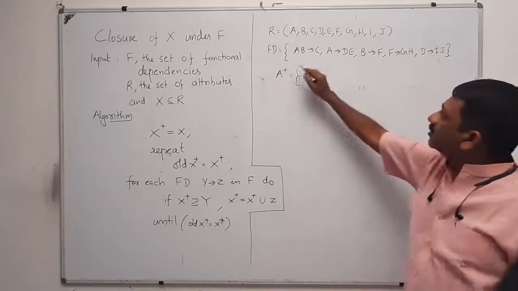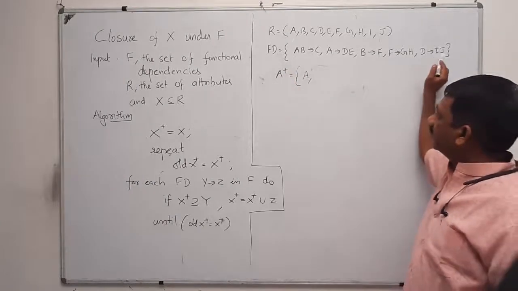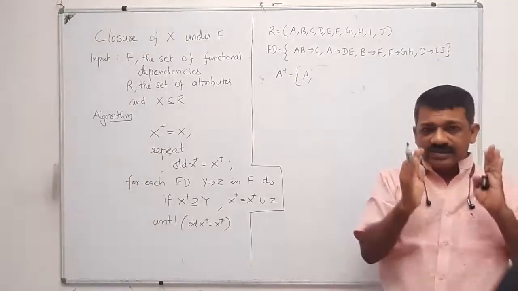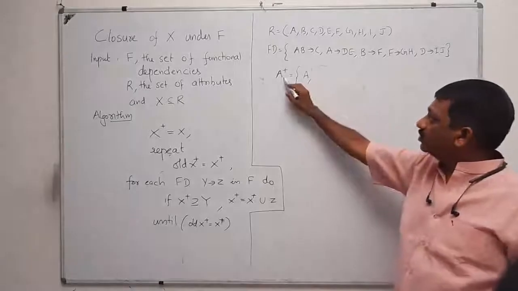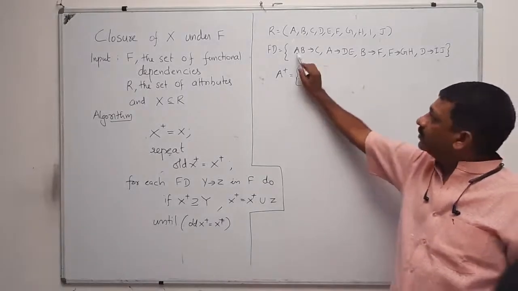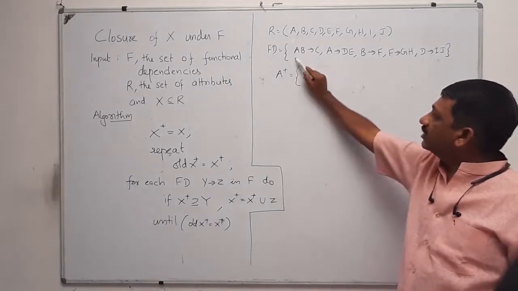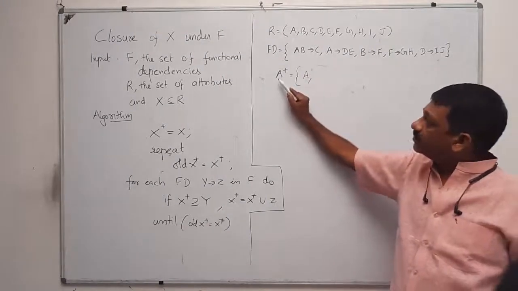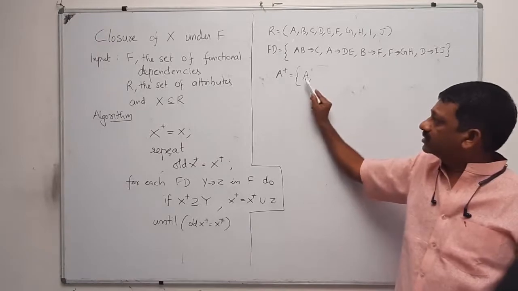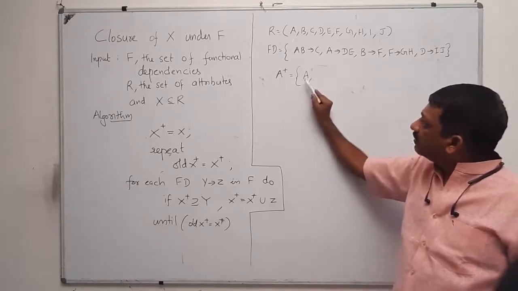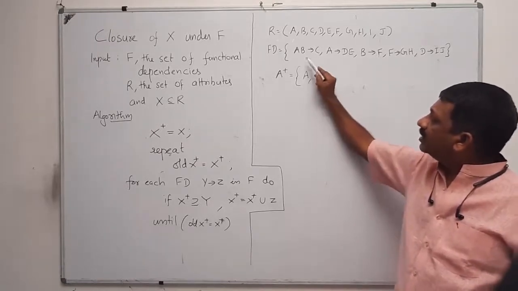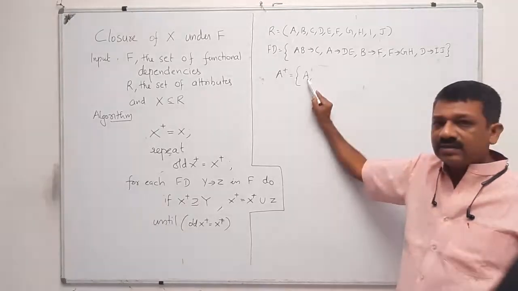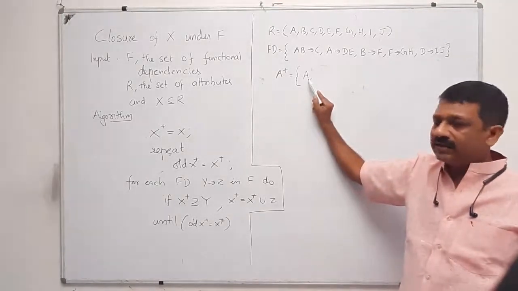Now search for the functional dependency where the left hand side is a subset of this A plus. Left hand side should be a subset. Here we are having only A, and the largest subset of A is A itself.